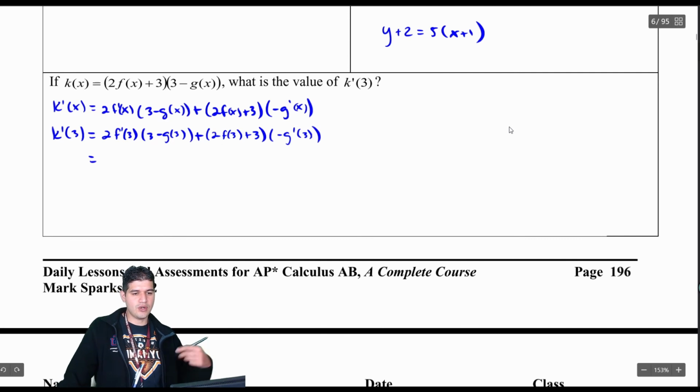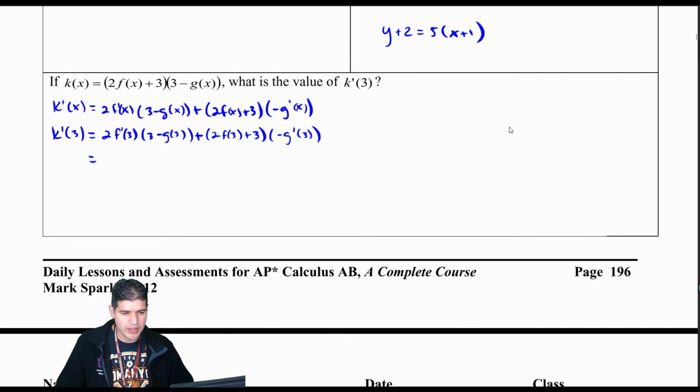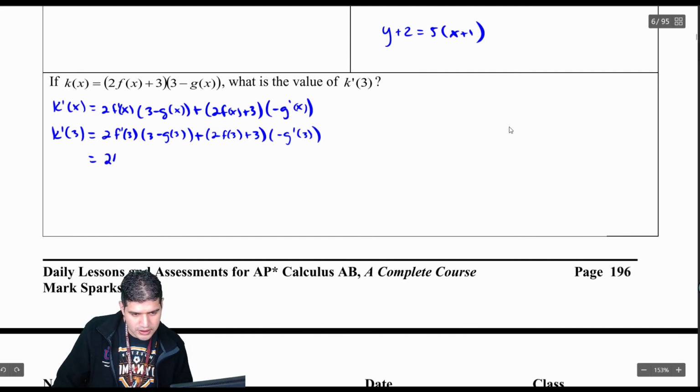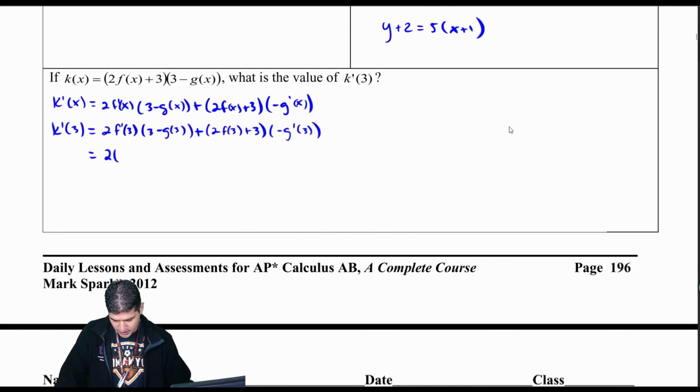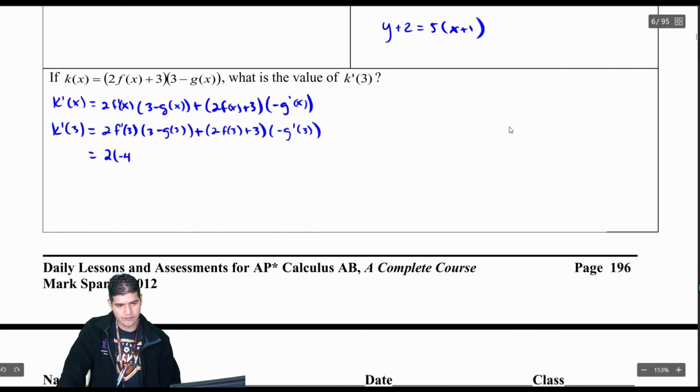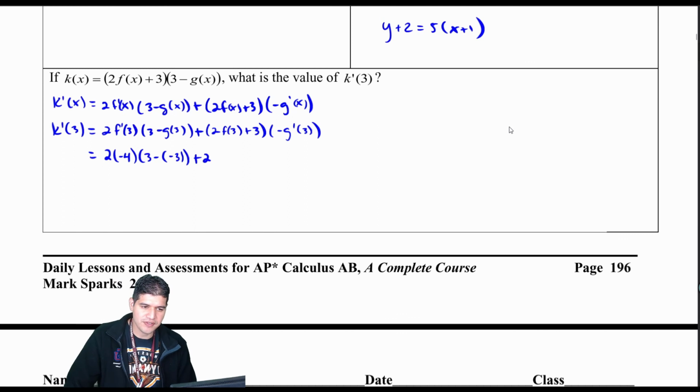Okay, so let's go up here and see what we can get. So I get 2 times f prime of 3, and you get that from your table, and you get negative 4. And then you get 3 minus g of 3, and you get that from your table, and you get negative 3, plus 2 times f of 3.